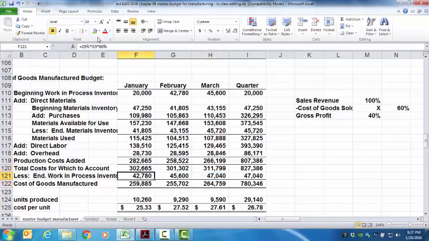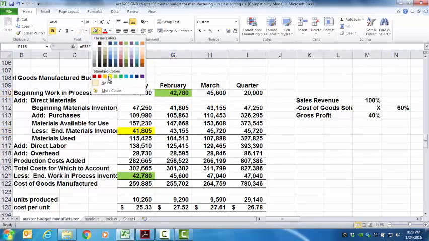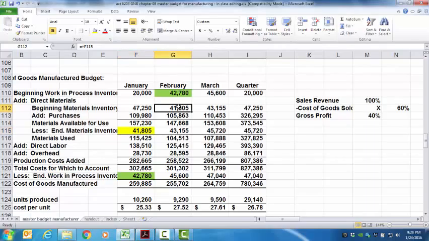The end of January's work in process becomes the beginning of February. And the end of January's materials inventory automatically becomes the beginning of February. And I'll carry these forward, these relationships, as I move across from February into March.